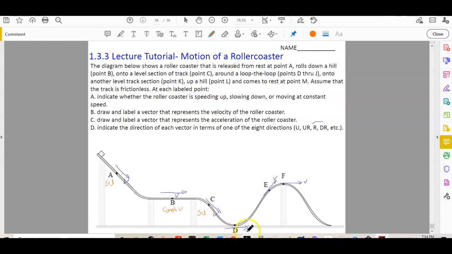At D, it'll just be turning, but it'll be at a constant velocity. Well, a constant speed, I should say. You still have an acceleration vector. At E, it looks like you're going to be slowing down. And at F, it looks like it's changing from slowing down to speeding up. So again, this is just turning. So I'm going to just put turning here. And it's a constant speed.